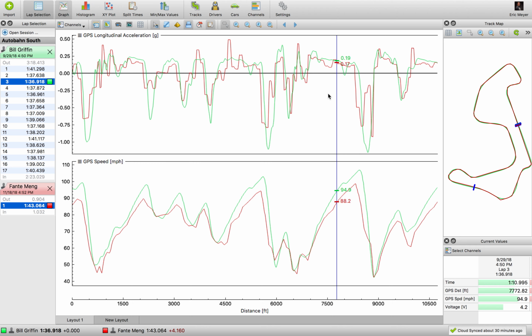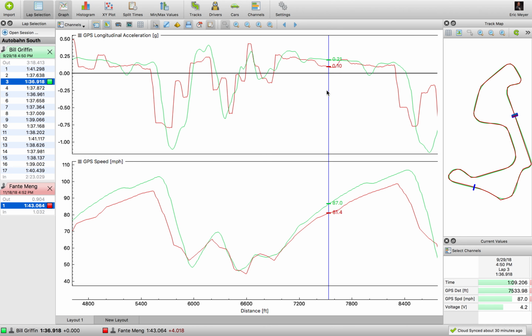We can also see the fluidity of this driving down the back straight, which is this green line right here, compared to the red line. I'm pretty sure that this car isn't accelerating in these various rates, the red line. So that's not real honest data, right?